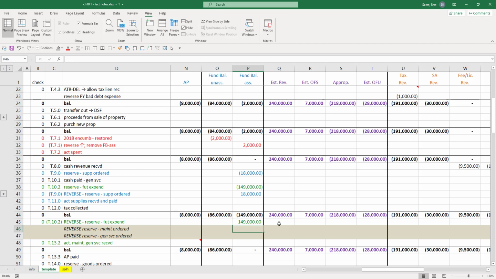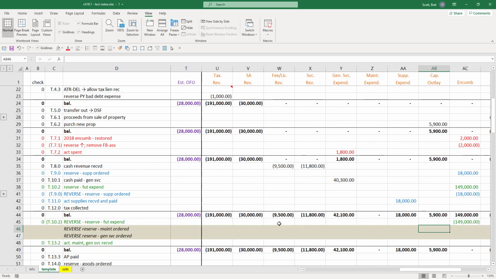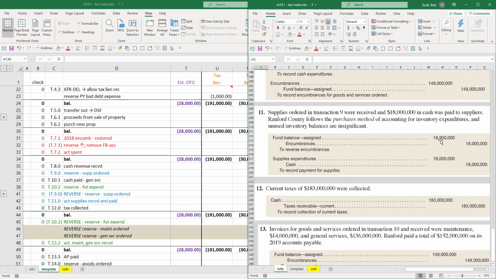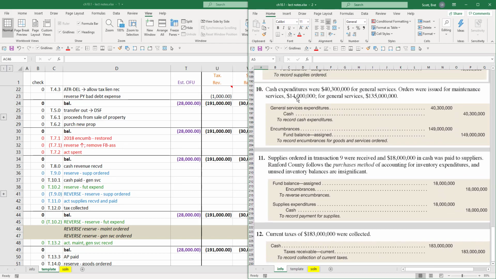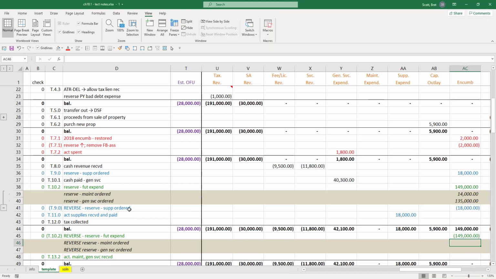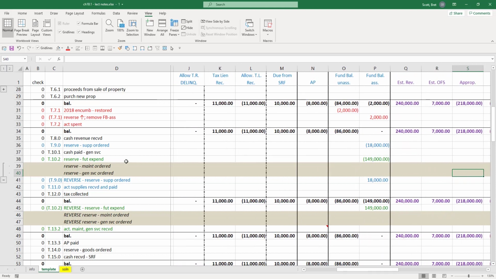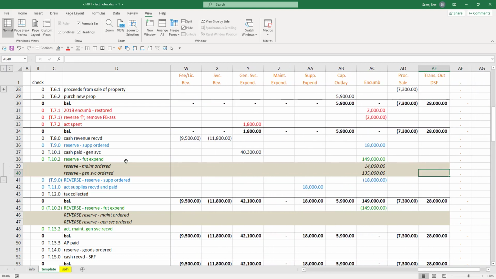Now, just to keep track of what's going on, I didn't give notes up above, but I think it's worth noting down below what the encumbrances were for. Scroll back up here. It was 14 for maintenance and 135 for general services. So let me expand that. Recall from up above when I had that entry in the brown column right there.